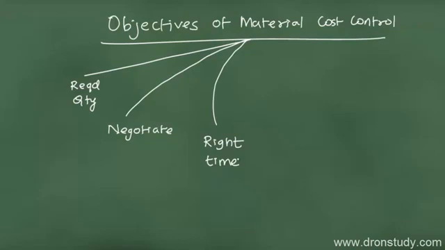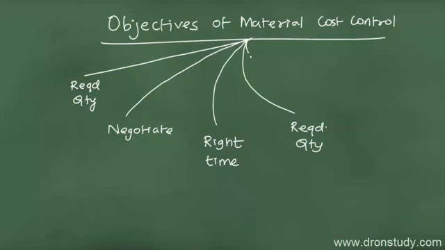And number four, by controlling the material cost, you are going to hold the raw material of required quantity only. You are not going to hold more. You are also not going to run stock out. So you are minimizing the cost associated with holding, like ordering cost, carrying cost.